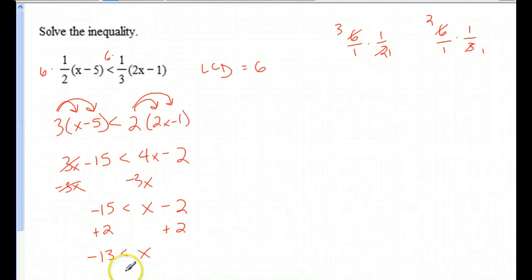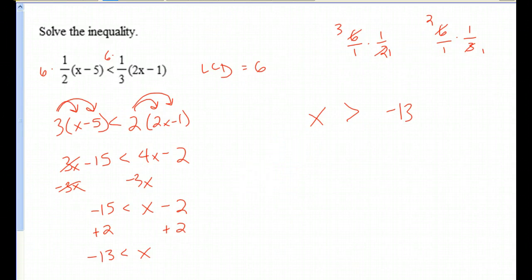Okay, it'd be fine if you wrote this inequality as your solution, but normally we put the x in front. If we did put the x over here, the negative 13 over here, if we think this is an arrow, it's pointing at the negative 13, or if we think it is the hungry alligator, it's eating the x. If we flip the order around, we got to flip the order symbol around too.